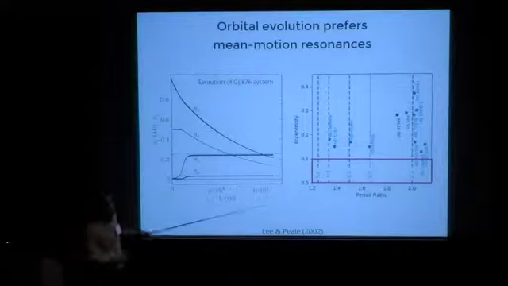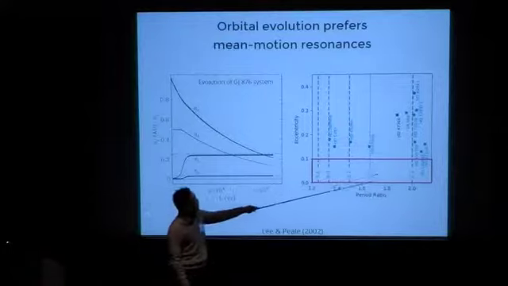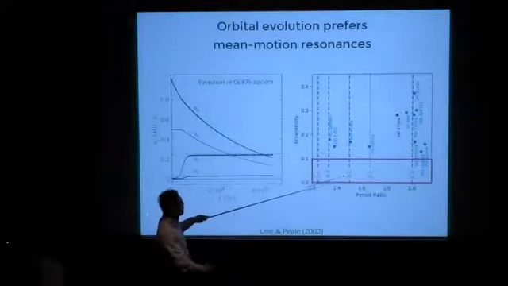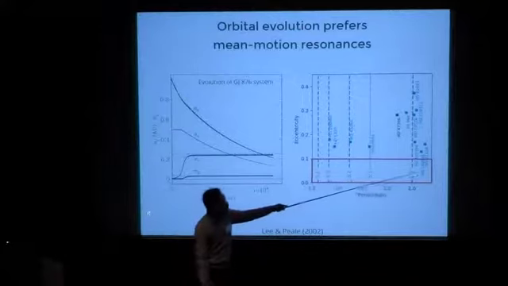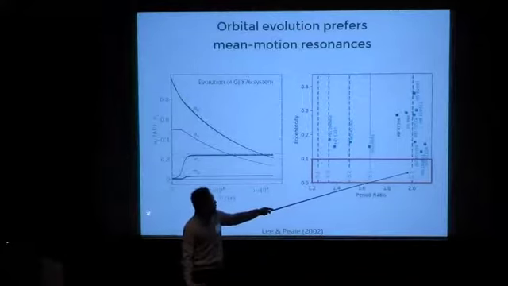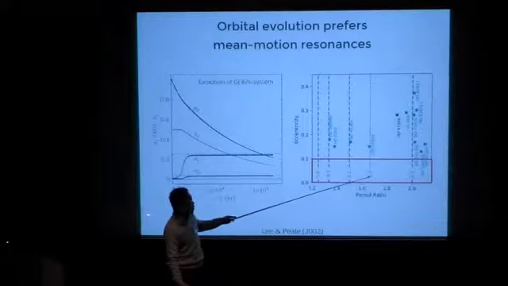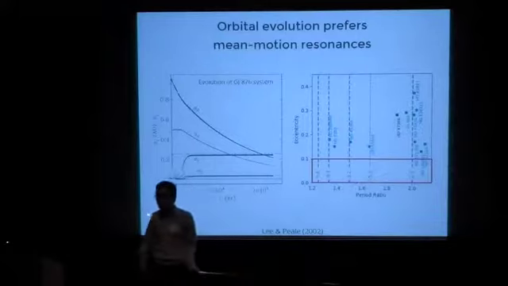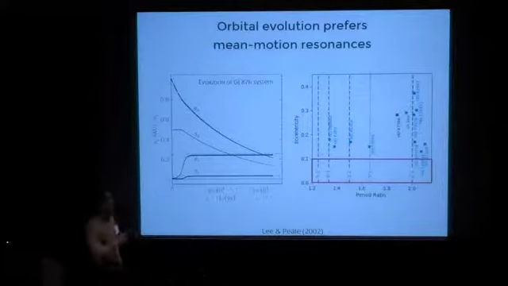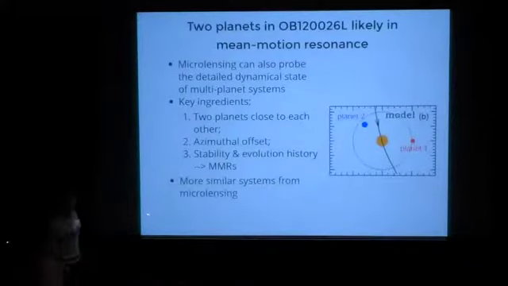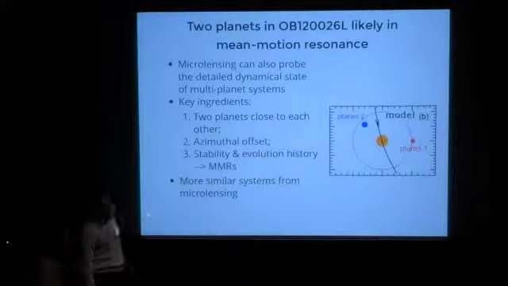That explains why you cannot have planets here: if you want to form planets very close to each other, but out of resonance and at 0 eccentricity, you have to cross the mean motion resonance first. But if you are able to cross the mean motion resonance, you will go very fast to the next one. It's very hard to stop the planet out of mean motion resonance and remain at almost 0 eccentricity. Therefore, we think the two planets in this case are very likely in this mean motion resonance.